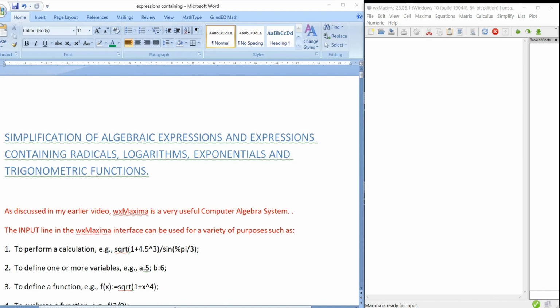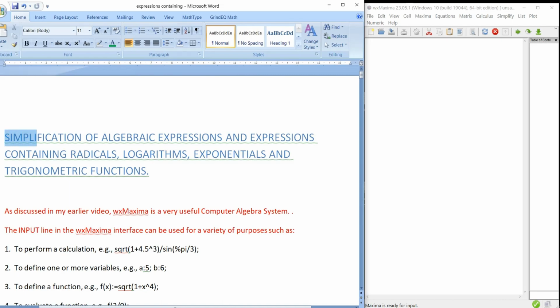As you all know, in my earlier video on WX Maxima, we talked about the functions and the operations that are carried out in WX Maxima, right? In today's video, we are going to have a deeper look at WX Maxima.